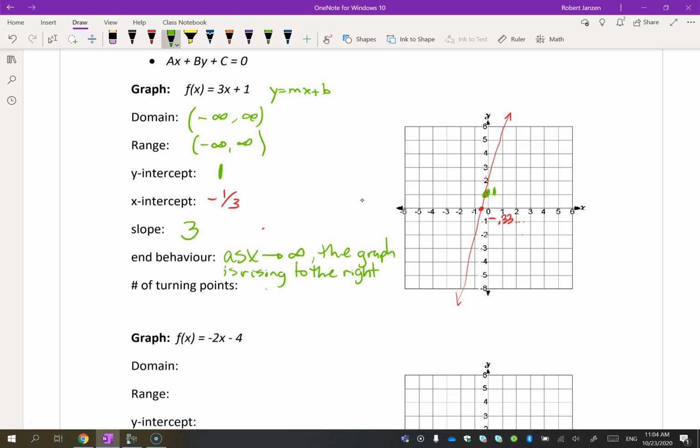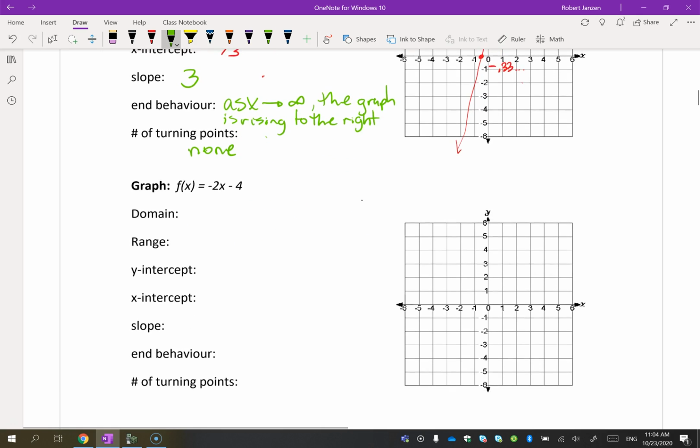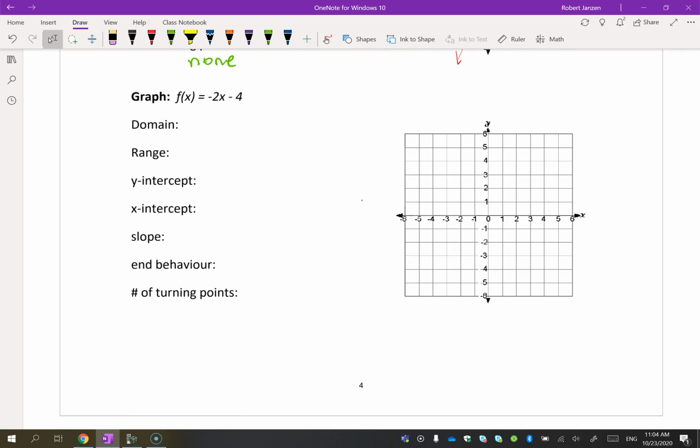So in other words, as we go this way on the graph, you can see that the graph is going up. Okay. Number of turning points. Again, this doesn't turn. It's a straight line. Okay. Why don't you pause the video and see if you can graph this next one.